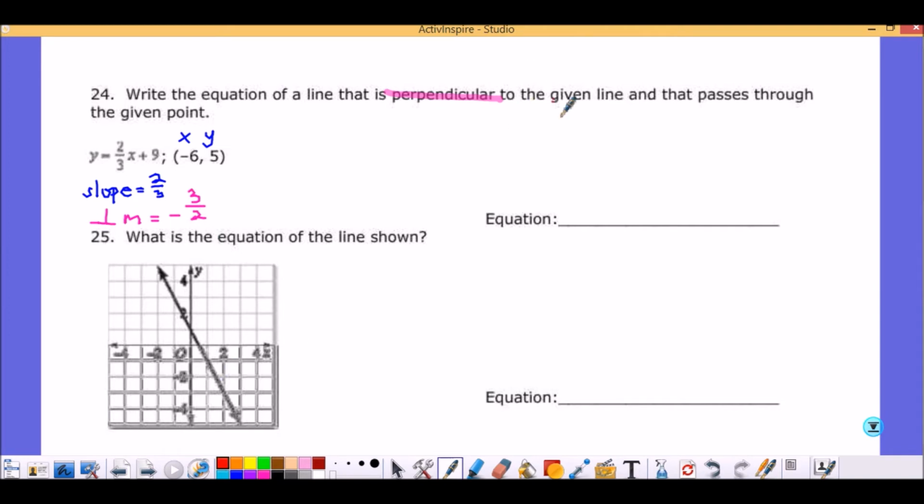So now the equation that I need is point slope, so y minus y1 equals m times the quantity of x minus x1. All right, so then now I'm ready to fill it in.